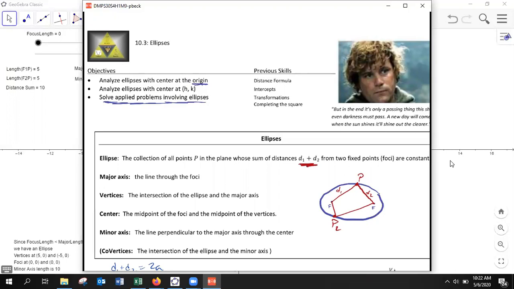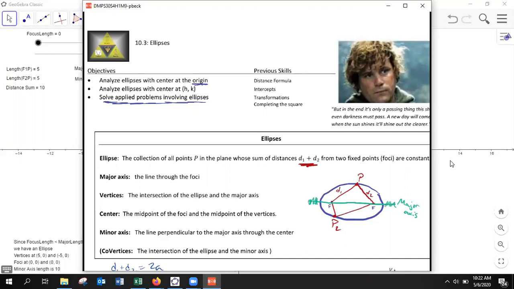Let's go into a little bit more of the anatomy of this ellipse. So if the ellipse is a collection of all points whose sum of distances are the same, and we draw a line through the foci, we get what we call the major axis. That major axis should continue on forever, but we don't care as much about all the stuff on the sides here.